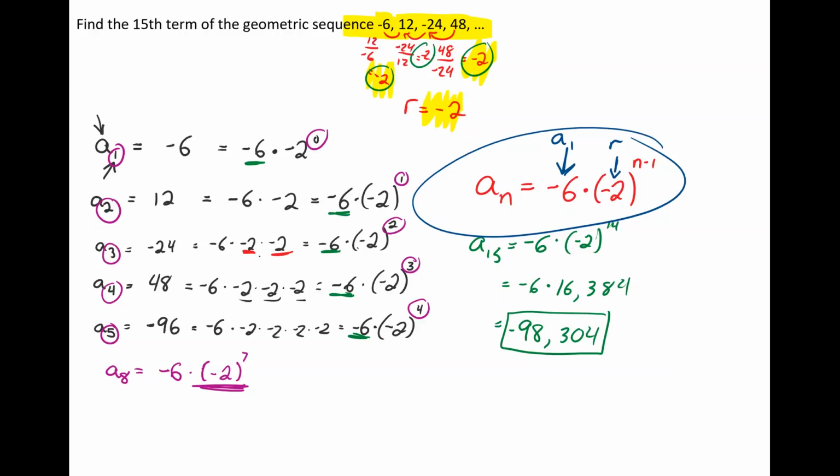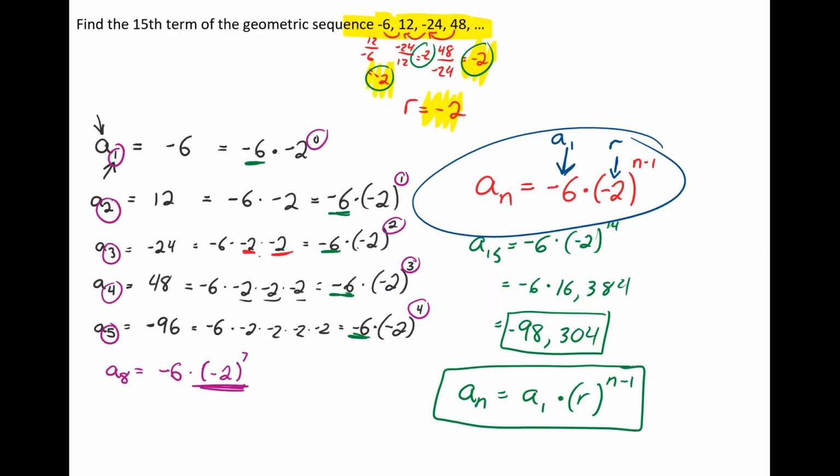And now this is the big thing to keep in mind. The formula, or the rule to find an nth term in your sequence, that is like any term in your geometric sequence, a sub n is equal to a sub 1, your first term, times r, your common ratio, to the n minus 1 power.